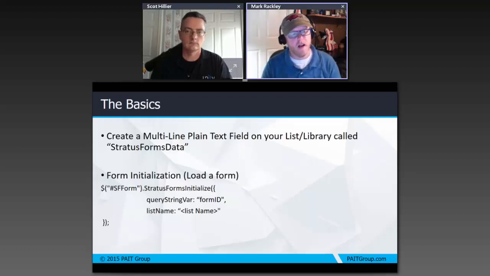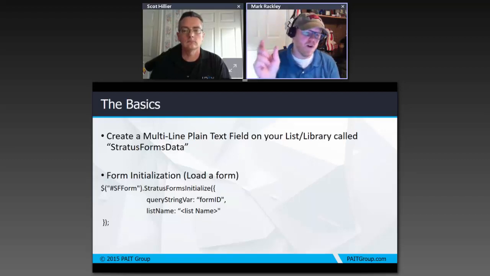Once you have that in place, in order to create your first form and have data in it, you just need to call an initialization function where you pass in the name of your form, the name of the list your form is stored in, and then whatever the name of the query string variable is that would contain the ID for your form, so that we can go and load that form for you.